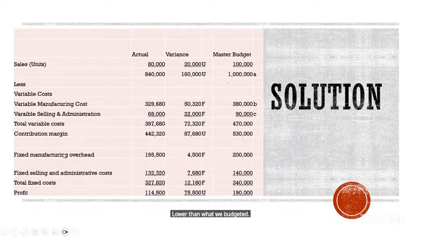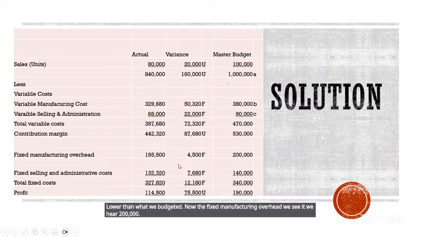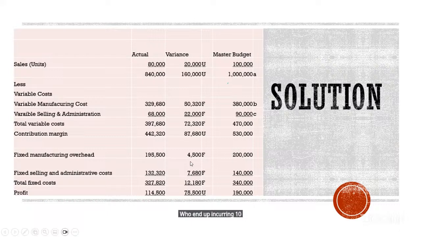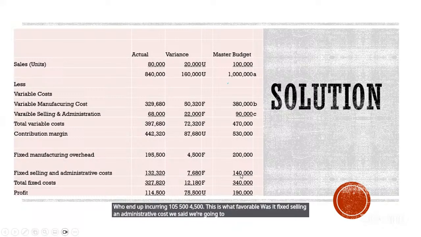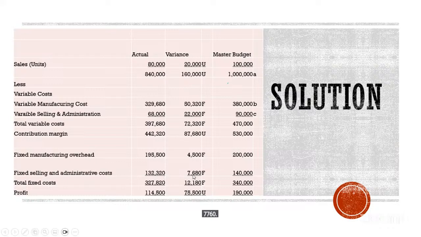Now, the fixed manufacturing overheads: we said we would incur 200,000, but we ended up incurring 195,500. By saving 4,500, this is favorable. Fixed selling and administrative cost: we said we're going to incur 140,000, but we incurred 132,320. We're saving 7,680. This is favorable because we're spending less than we budgeted.